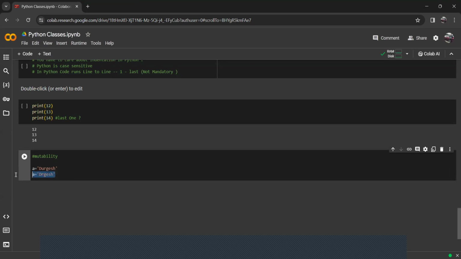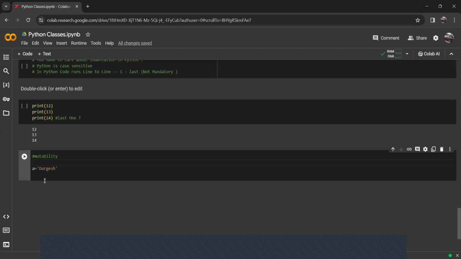Like in this, you can replace. See, if you have defined Durgesh to A, then you can make a different string and in that you can replace.